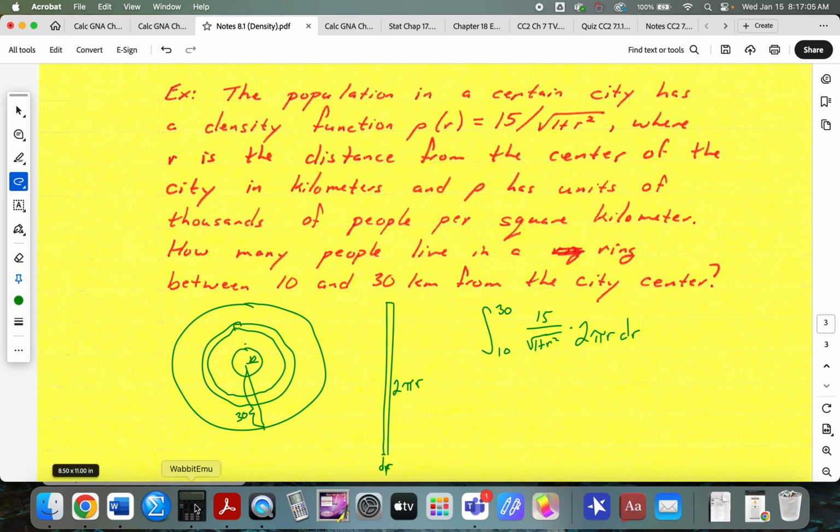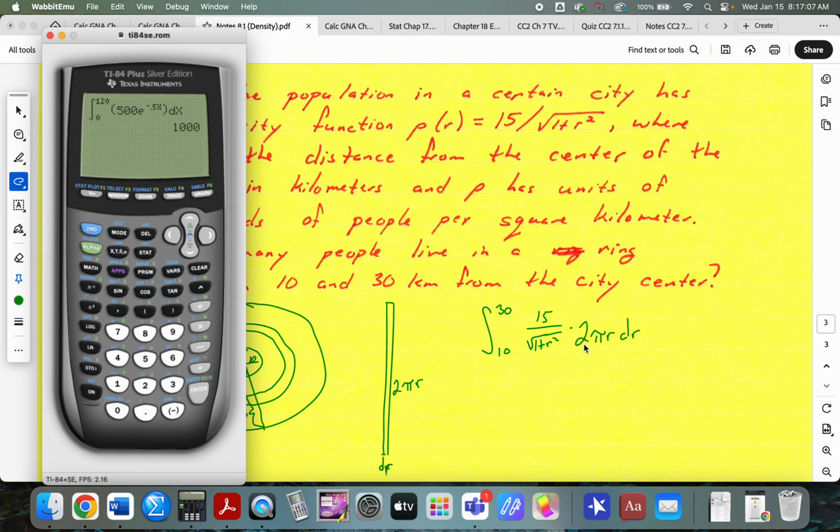So, go to the calculator. I'm going to factor out the 15 times 2 pi. You can do it inside or outside, it doesn't really matter. So I'm going to do 30 pi times the integral, I'll be left with r over the square root of 1 plus r squared. Oh, hang on. Clear that. I did that totally wrong.